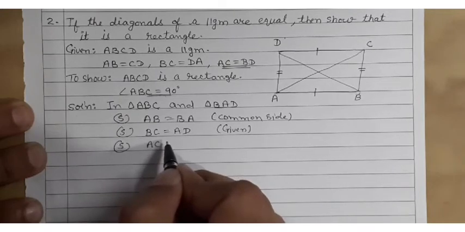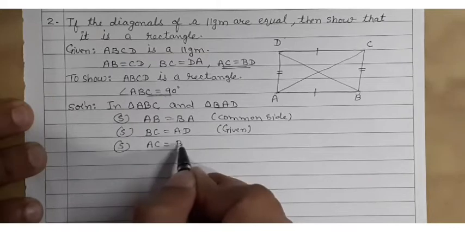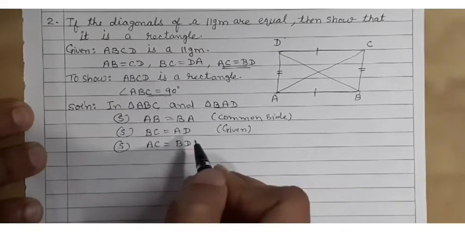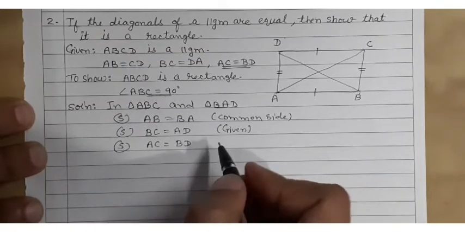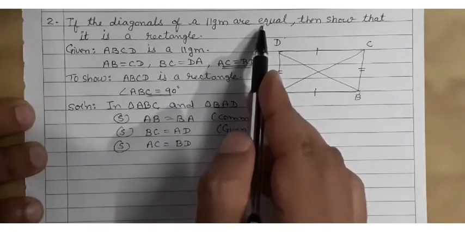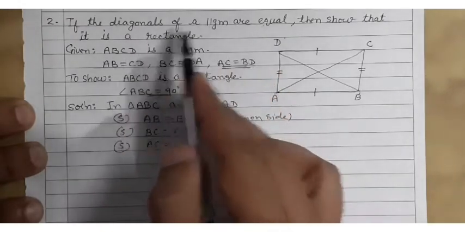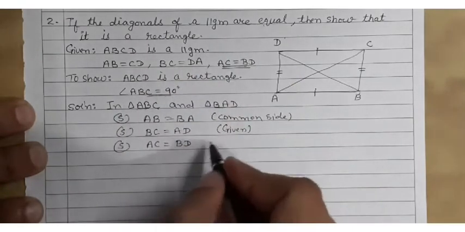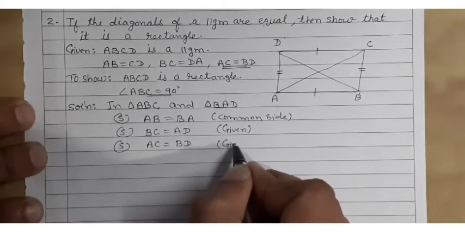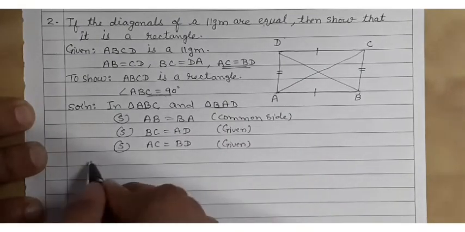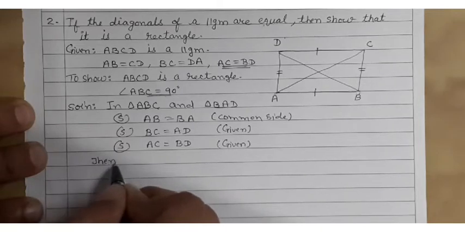Diagonals are equal. Diagonals are given equal in the question. The parallelogram's diagonals are equal, the given condition.